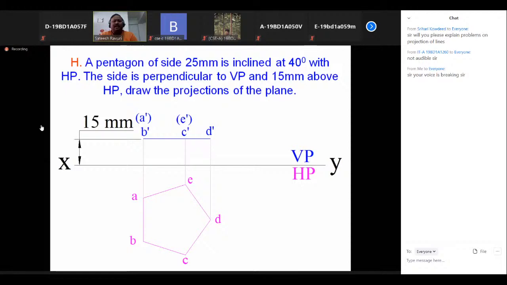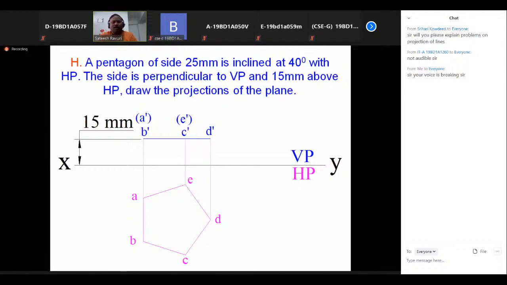If the pentagon is perpendicular to HP, a straight line will come on the horizontal plane. Similarly, here the pentagon is inclined at 40 degrees. It doesn't matter what the numerical value of the angle is, it is inclined, so definitely there is going to be a reduced shape of the pentagon on HP, and we don't know the exact reduction of the shape.